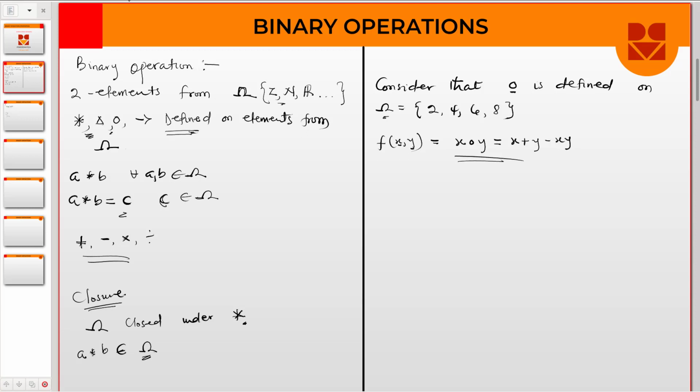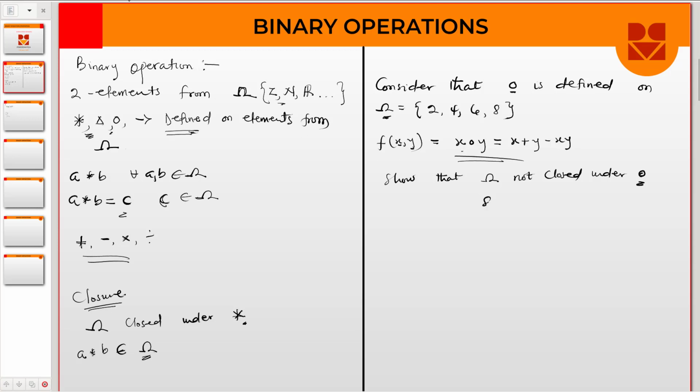Now, from this question we are to show that omega is not closed under the operation. How do we show this? We said that if it is closed, then the operation on all its elements should belong to omega.